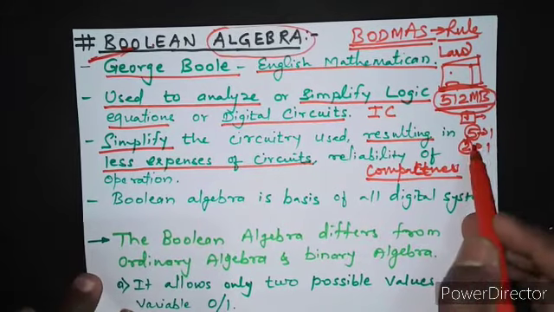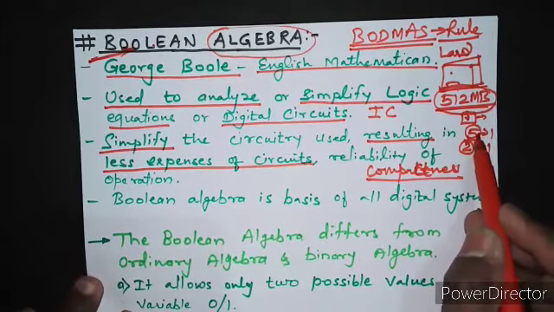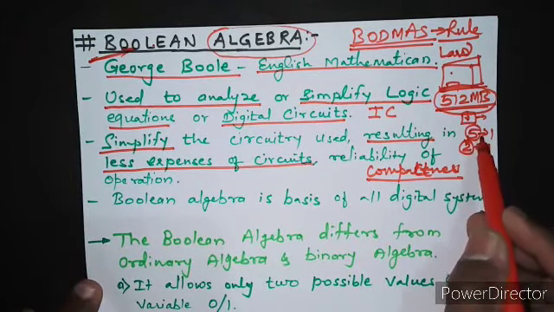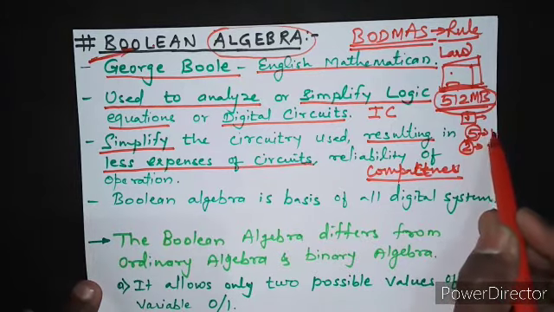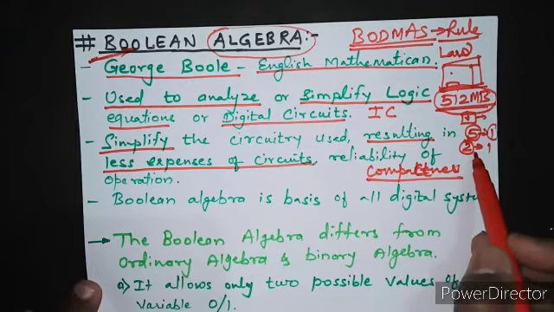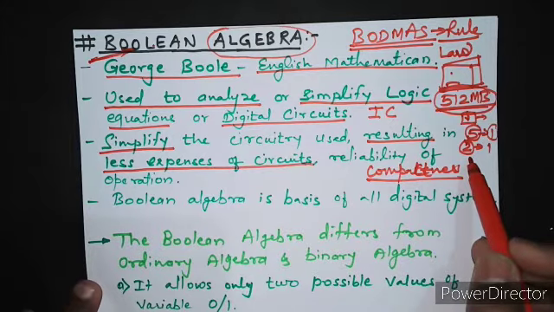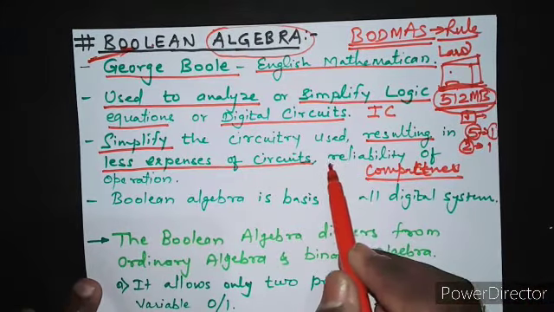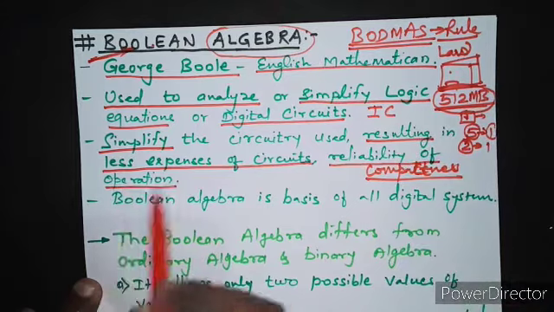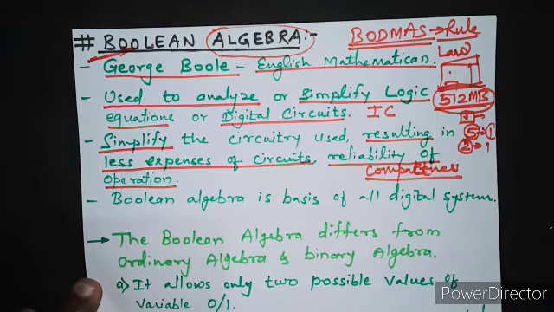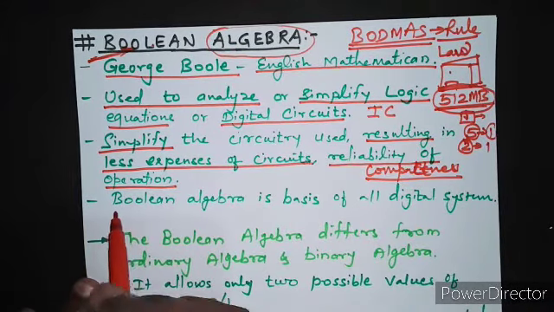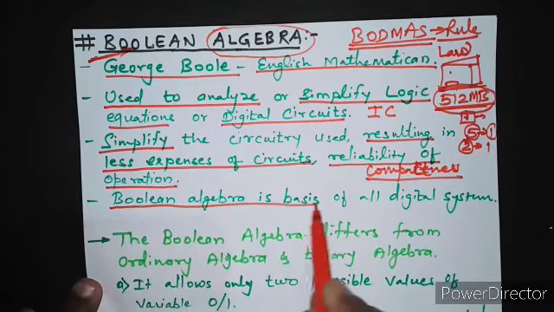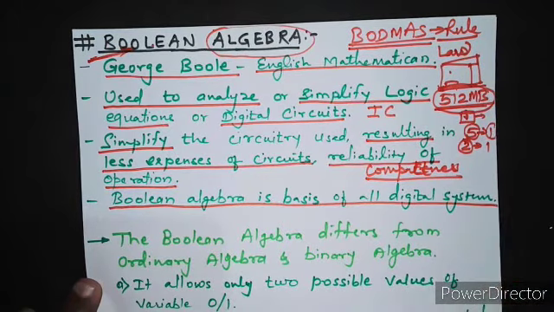This is the example I have given: consider an IC for 10 rupees. If I require 50 rupees to produce an output, the same output I can produce for 20 rupees. So obviously my cost has been reduced, and obviously that is reliable. So that is what we can say: Boolean algebra is a basis for all digital systems.